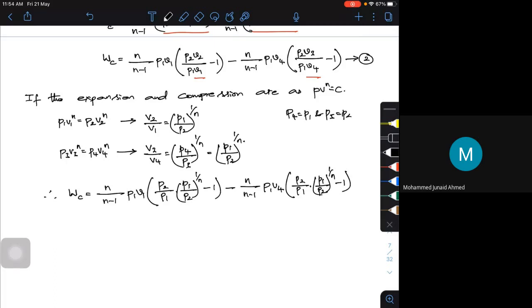Okay. Now what is it actually? This is P2 to the power of 1 minus 1 by n, and in the denominator it is P1 to the power of 1 minus 1 by n. I am going to end up with the same thing, n minus 1 by n.